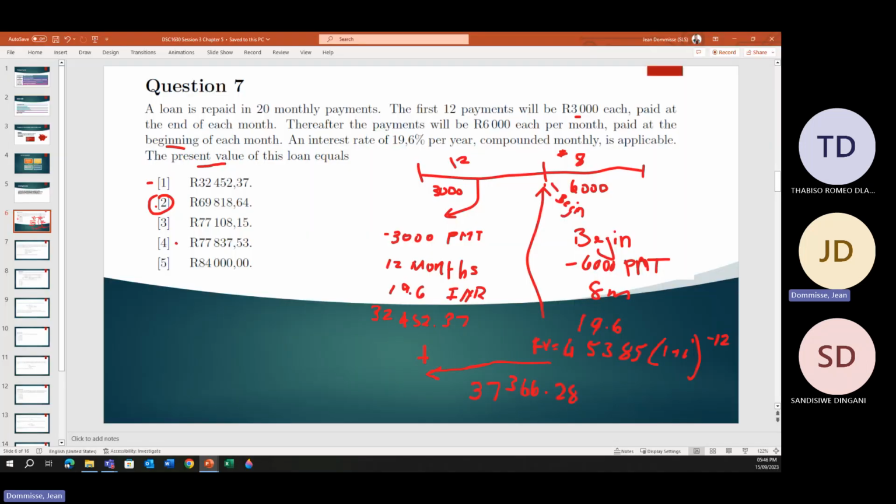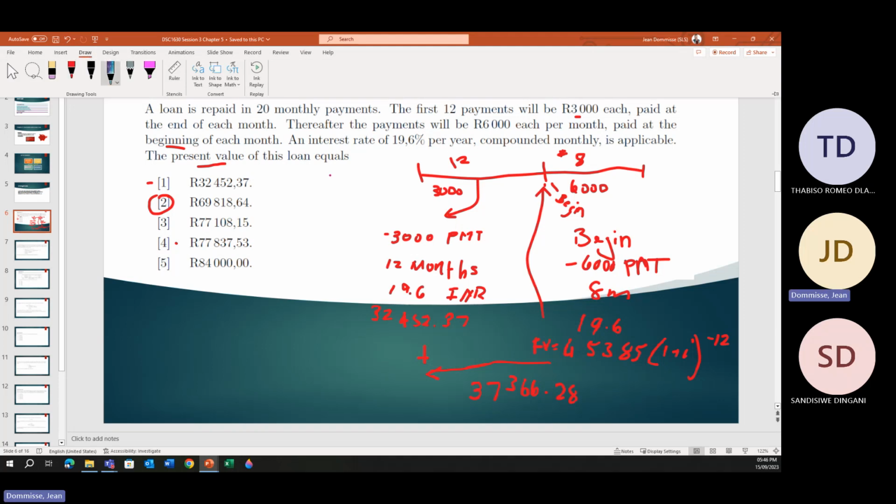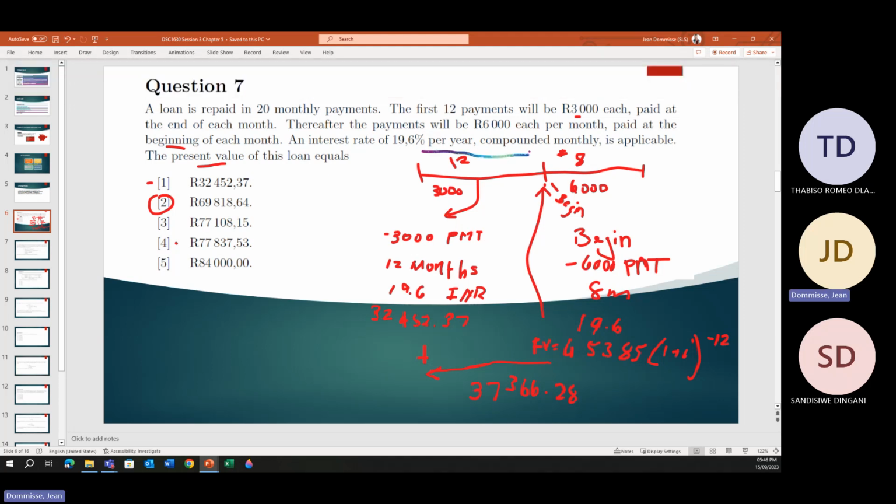So with this one, what was very important to work out the future value of the first component is absolutely straightforward. So that is how we would normally do it. With what we put in, we will get the future value at that point. And that is what we're looking for. But with the future value that we worked out for the second part, remember it is sitting at that point.